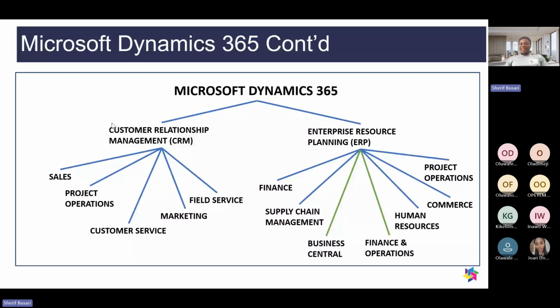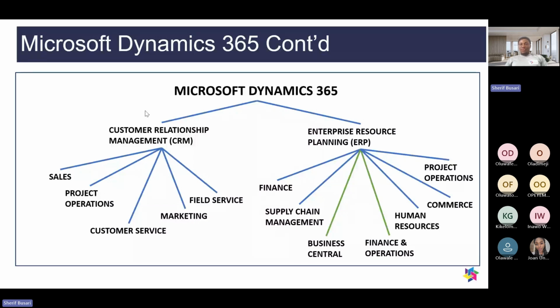We can see that we have some arrows or lines with the color blue, and two of them are green. These two that are green are actually applications on their own, just as customer engagement is an application. Enterprise resource planning is not an application, it's just a name that covers both of these applications called Business Central and Finance and Operations.